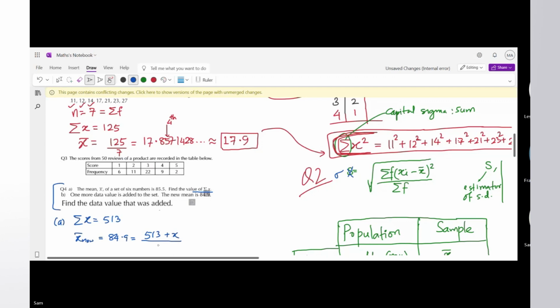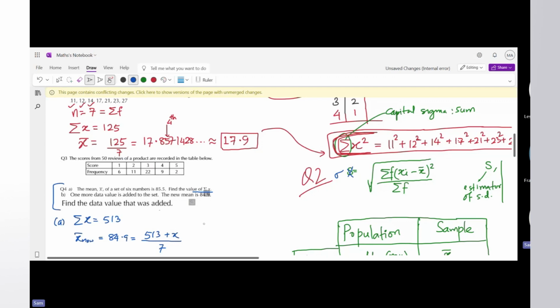81.3. No, the B is not. Oh, still in A. 513 plus x over 7. Over 7. Good. Because we are now adding this extra value, right?